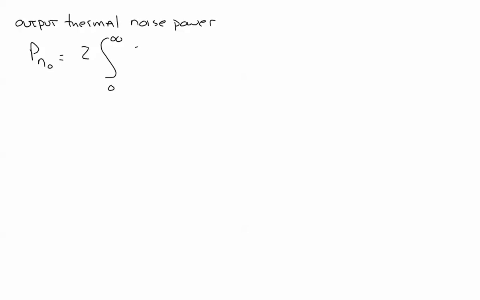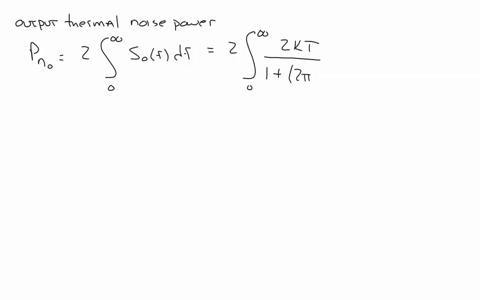My output thermal noise power, P_no, is going to be 2 times the integral from 0 to infinity of my output power spectral density, and that is 2 times the integral from 0 to infinity of 2kT over 1 plus (2πfRC) quantity squared df.